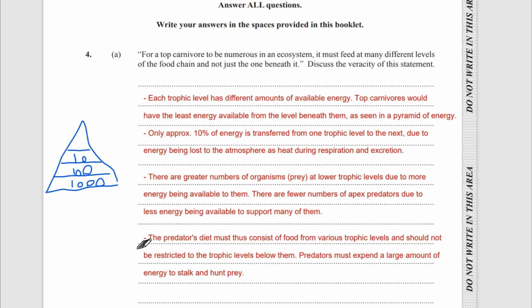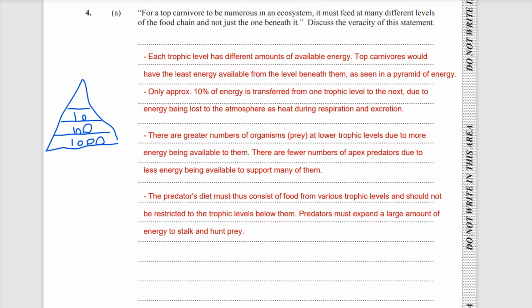So what has to happen is that a predator's diet must thus consist of food from various trophic levels, not just the one below. And predators must expend a lot of energy to actually stalk and hunt their prey, right? And if they don't get that amount of energy, they will die out, they will go extinct, or they will have to migrate. So yeah, it's true, they have to feed from multiple levels.